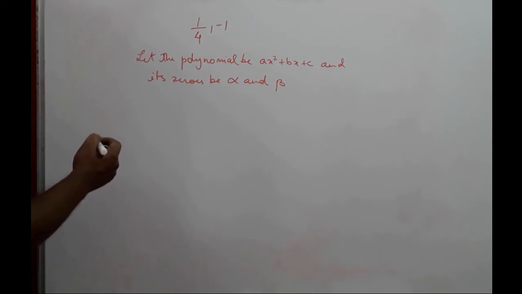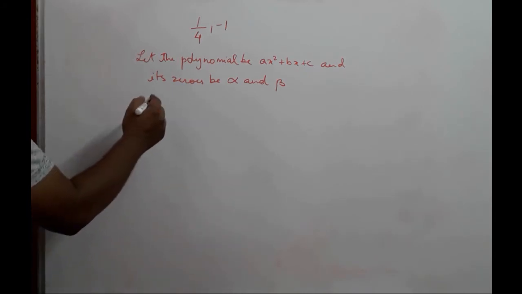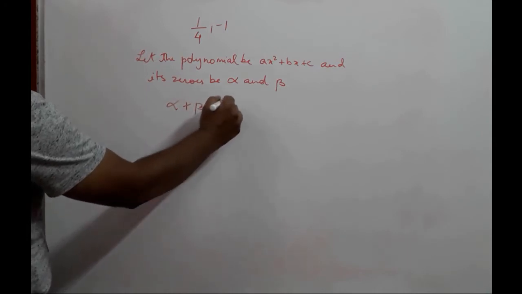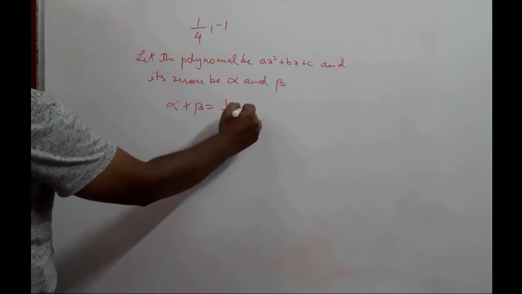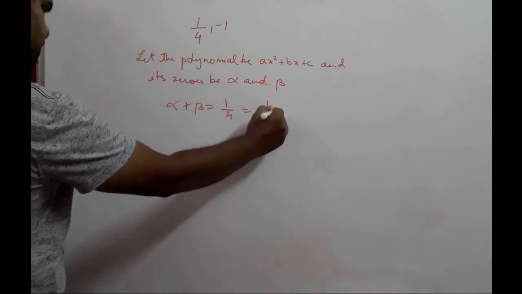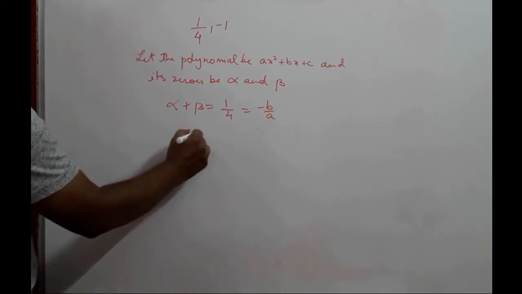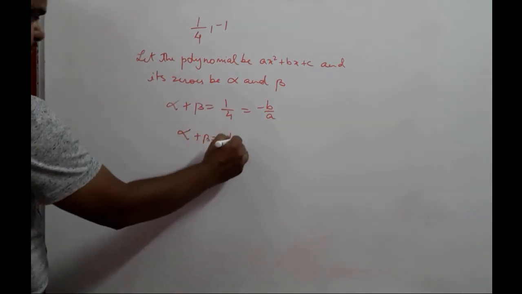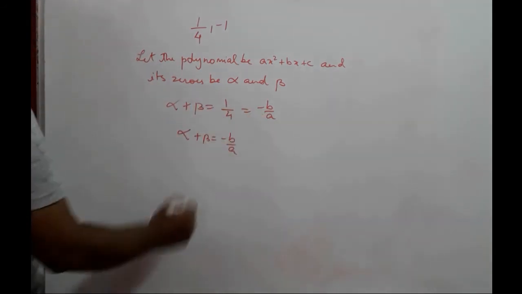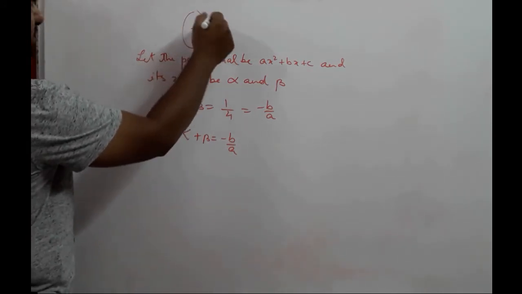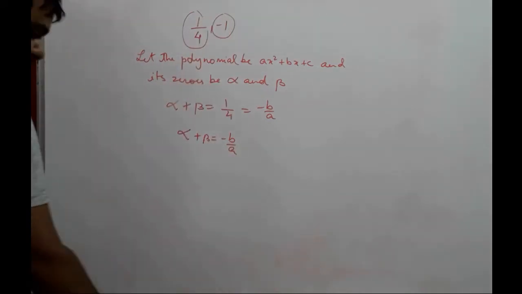alpha plus beta is equal to 1 upon 4, which is equal to minus b upon a. Now in the previous class we learned that alpha plus beta is equal to minus b upon a. That is exactly what I have written, because what is given over here is the sum and this is the product.